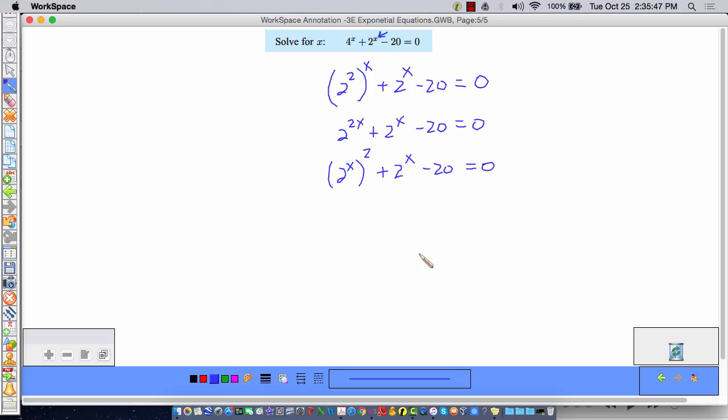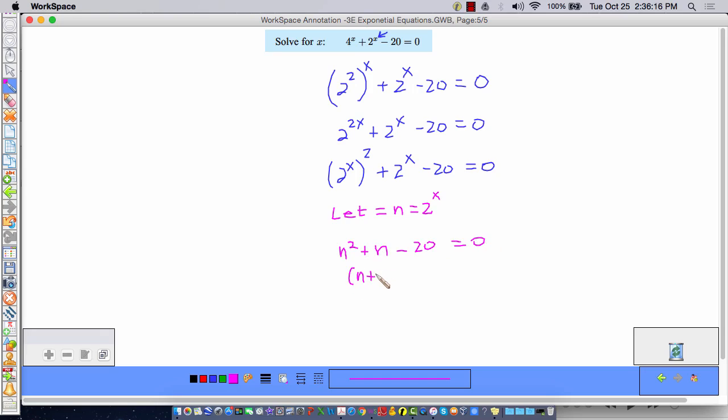And now it's factorable, but some folks don't like working with the exponential expression. So if you don't, you can simply let a variable represent the exponential expression. So let something like n equal 2 to the x. Then I have n squared plus n minus 20 equals 0.